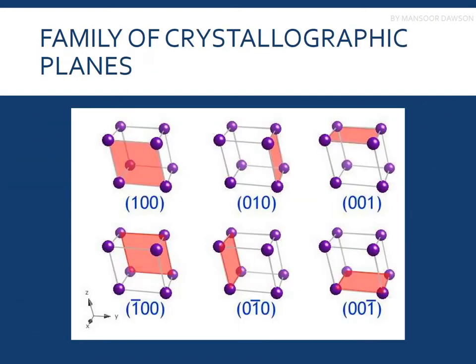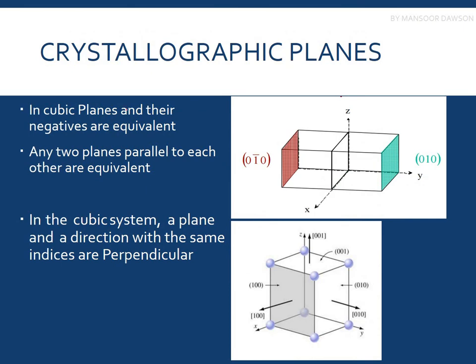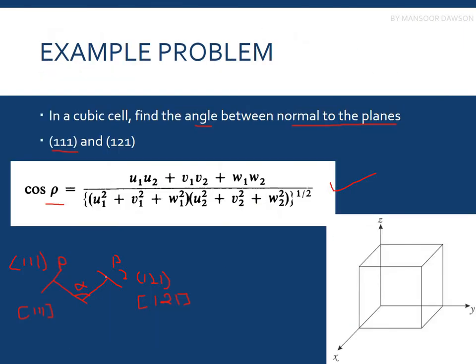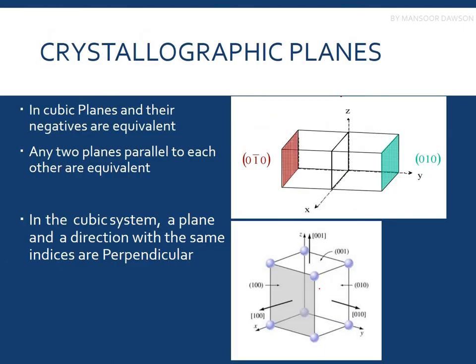So now let's discuss some properties. In a cubic system, a plane and its negative are equivalent. In the same family, the opposite planes, the negative planes, are equivalent but in the opposite direction. And in the cubic system, a plane and a direction with the same index are perpendicular. As you can see, this is the plane in gray, and this has the direction 1 0 0.